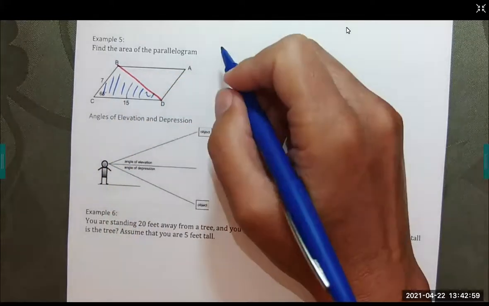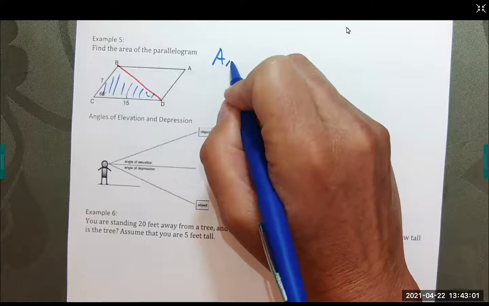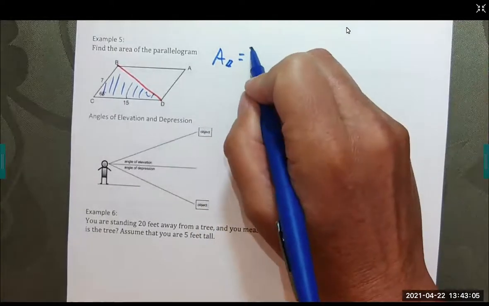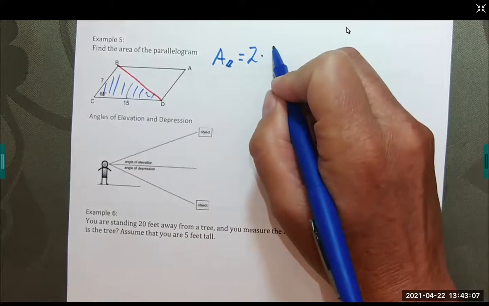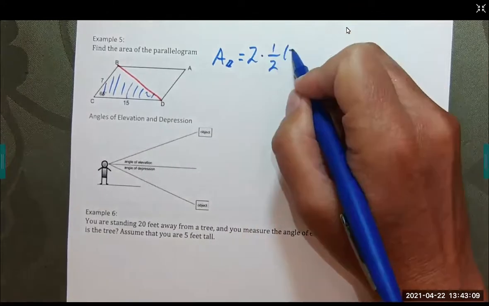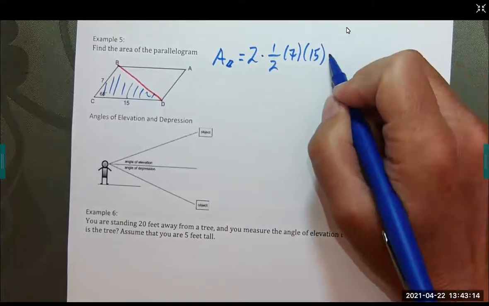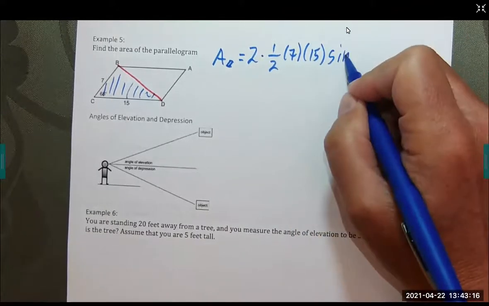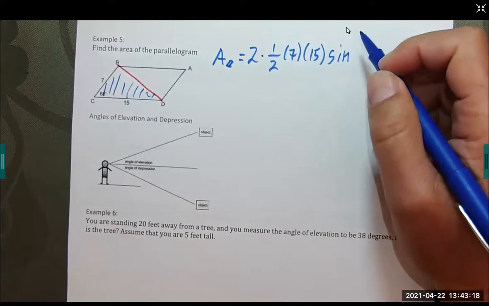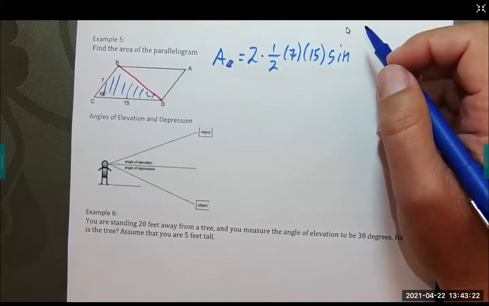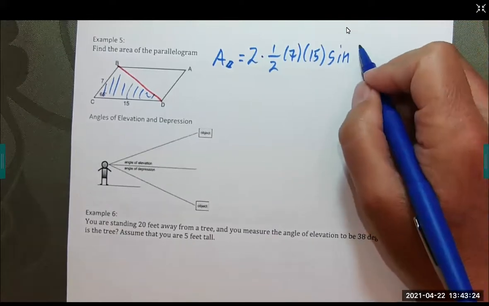So the area of the parallelogram is 2 times 1/2 times 7 times 15 times the sine of the angle between them. In this case, that is 65 degrees.